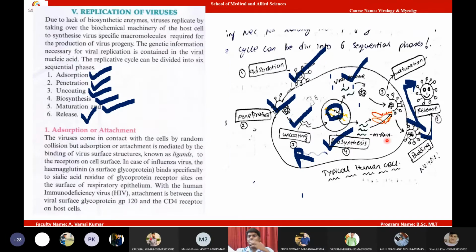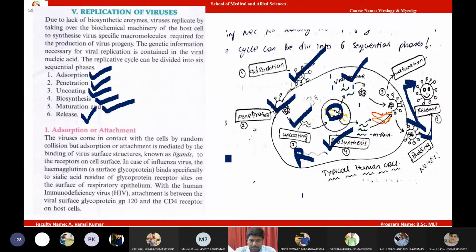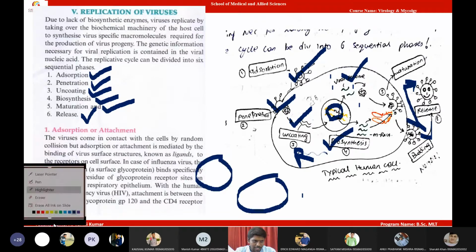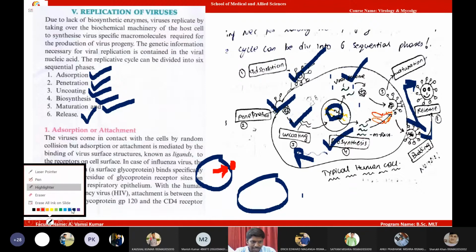Very simple. I will draw a rudimentary picture here. I'm drawing two cells, cell 1 and cell 2. In cell 1, we have a viral attack. Now, when this virus comes outside, it will push the cell membrane. The virus comes a little bit outside and gently pushes the cell membrane.